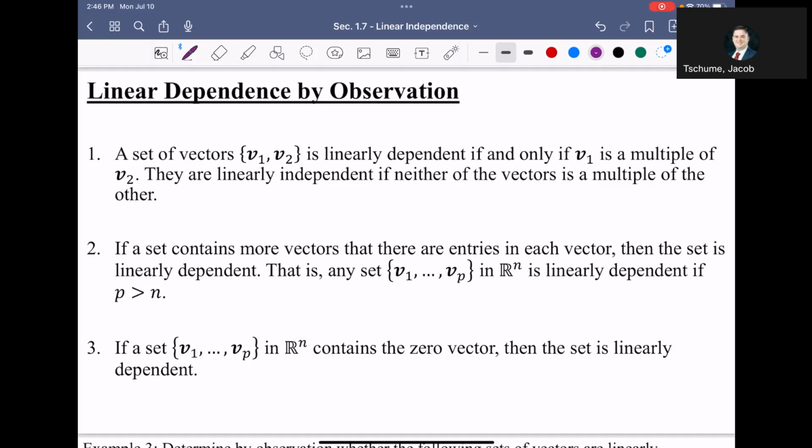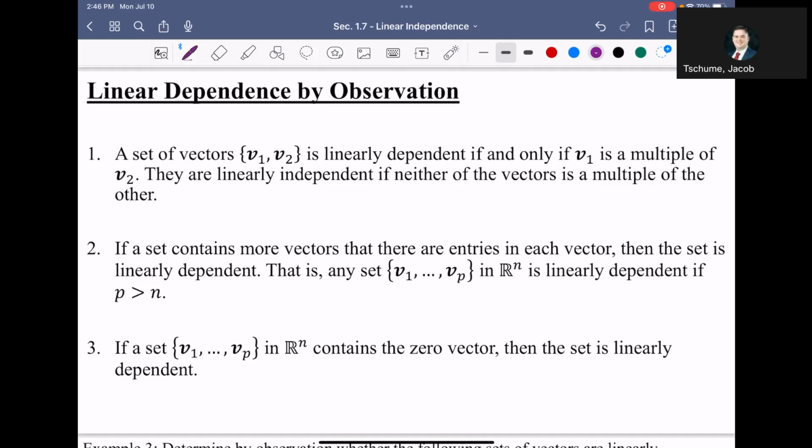Shortcut 1, we'll call it. A set of vectors v1 and v2 is linearly dependent if and only if v1 is a multiple of v2. They are linearly independent if neither of the vectors is a multiple of the other.